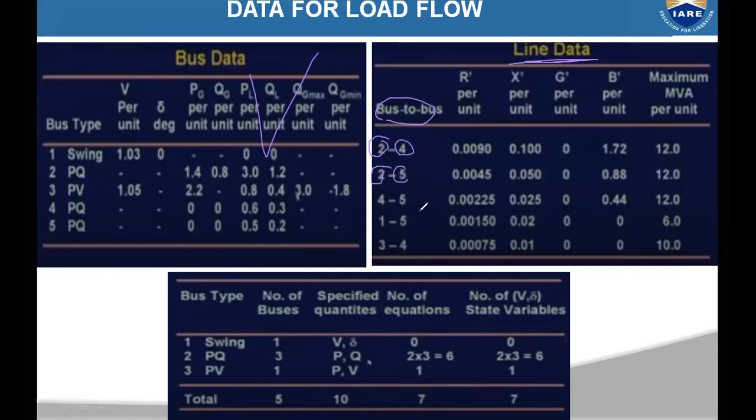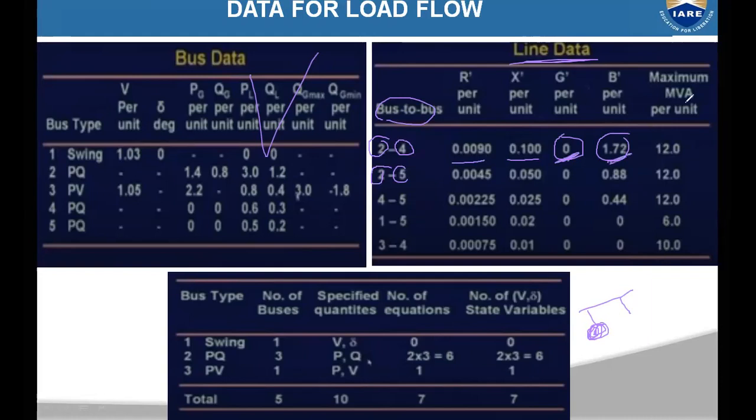Along with the bus to bus data, you should also know the resistance of the line, reactance of the line, and the shunt admittance. As I said before, a transmission line is modeled with the pi model. Conductance is 0, and shunt capacitance will be specified as 1.72, right?